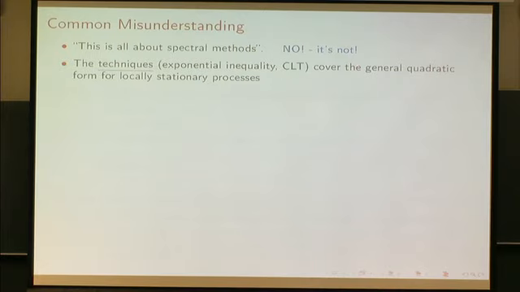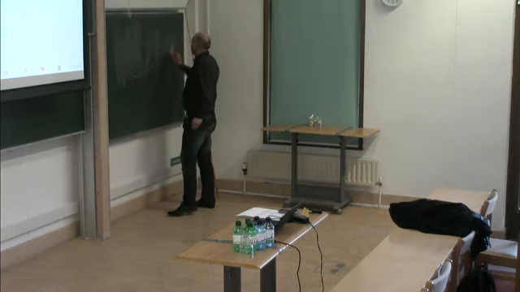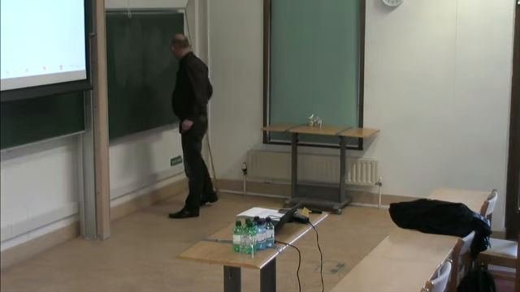And the point is, when people say this is all about spectral methods, they do not know that this covers the general quadratic form for locally stationary processes. So you can really formulate it in the time domain. To give you an indication for that, let's write down a Gaussian likelihood.